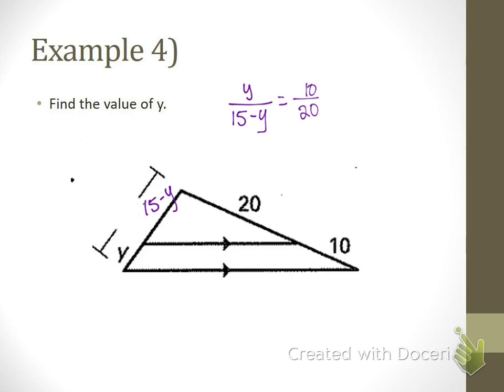Okay, when we solve it, the 20 times y is easy, but when we cross multiply with the 10, what do we have to remember to do? Distribute. Very good. Distribute the 10. So we end up with 20y equals 150 minus 10y. To keep solving this, we need all our y's to be together.